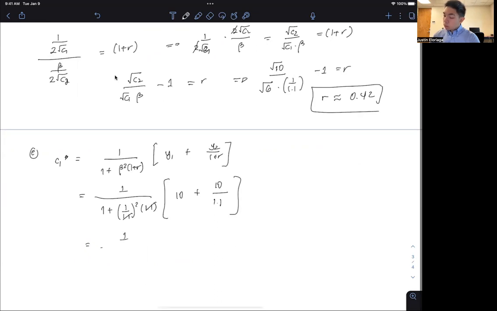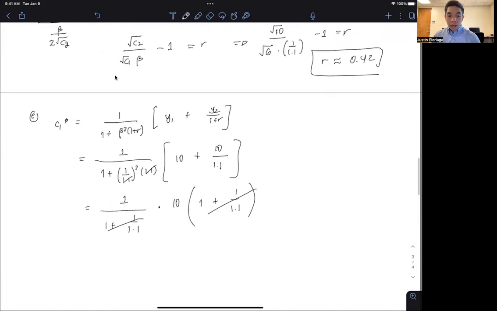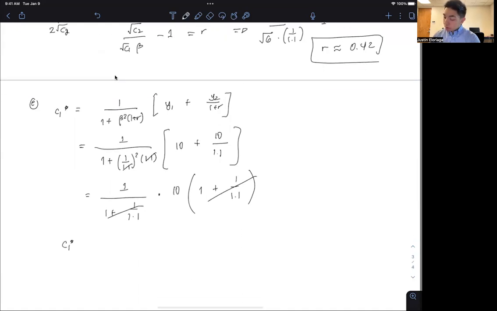And we get 1 over 1 plus 1 over 1.1 times, we can factor out the 10, since both of these terms have a 10. So 10 times (1 plus 1 over 1.1). Clearly these two will cancel out, and therefore we have that C1* is equal to 10.